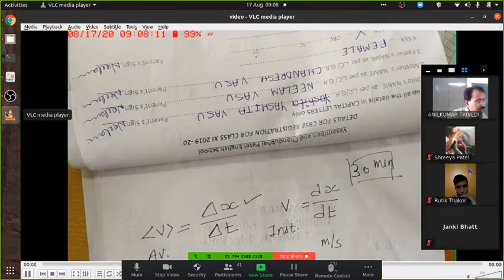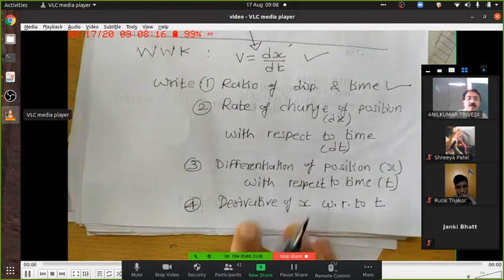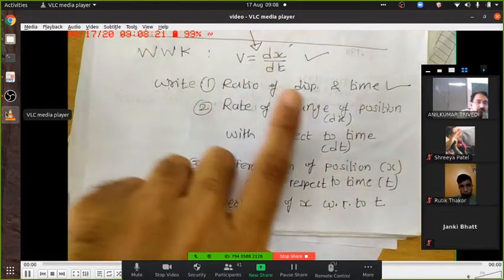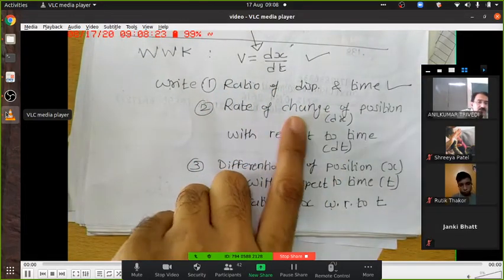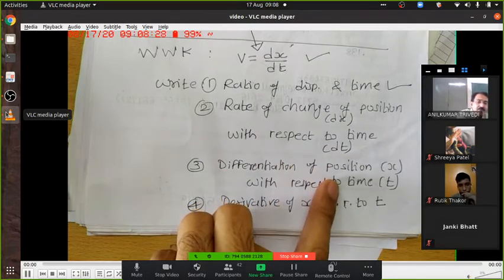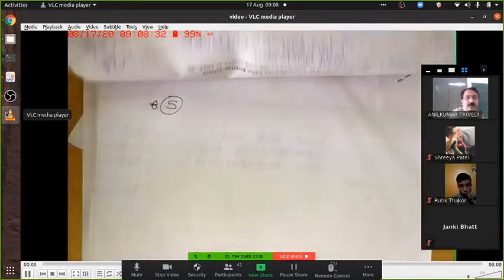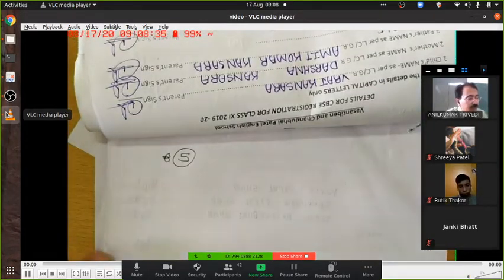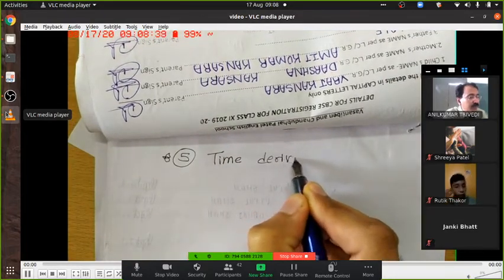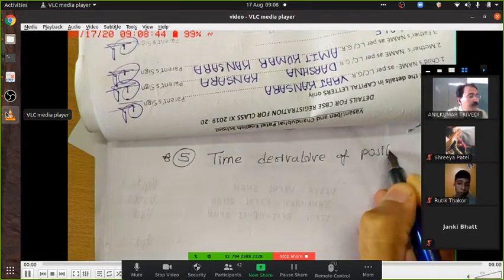Okay, everything came. Whether you call it ratio of displacement and time, rate of change of position with respect to time, differentiation of position with respect to time, or derivative of x with respect to time. And if you want to write fifth, time derivative of position, all have the same meaning.